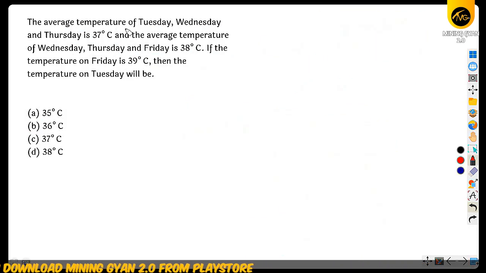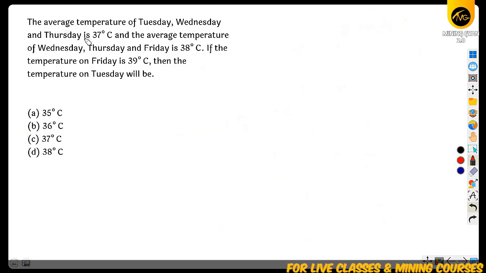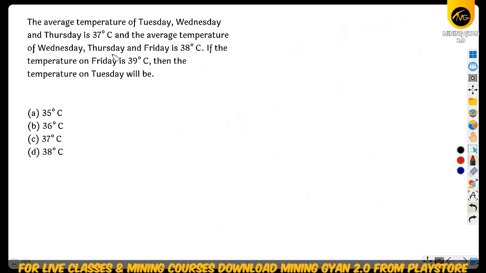The average temperature. Now in this case we have the average temperature of Tuesday, Wednesday and Thursday is 37. Clear? So the average temperature of Tuesday, Wednesday and Thursday is 37 degrees Celsius, and the average temperature of Wednesday, Thursday and Friday is 38 degrees Celsius.